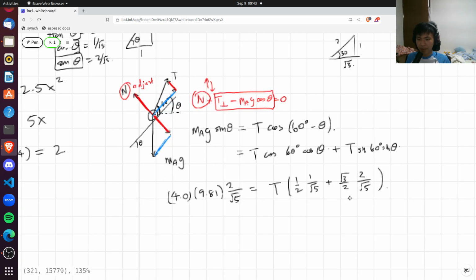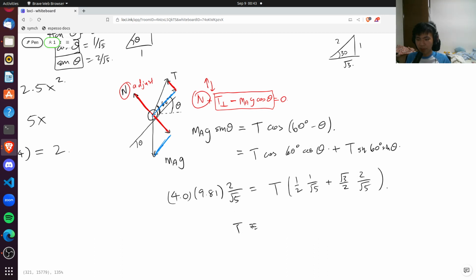And from here, I can solve for T. Give me a while to punch the calculator.